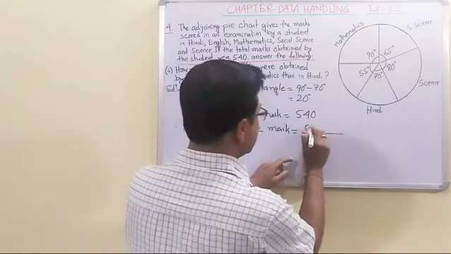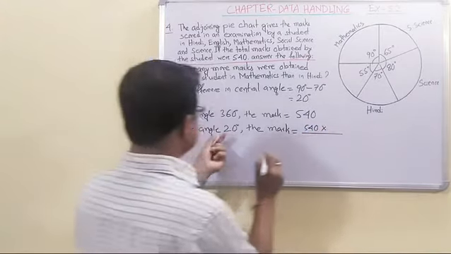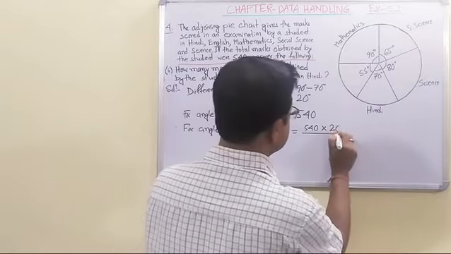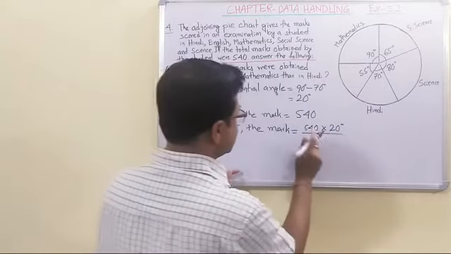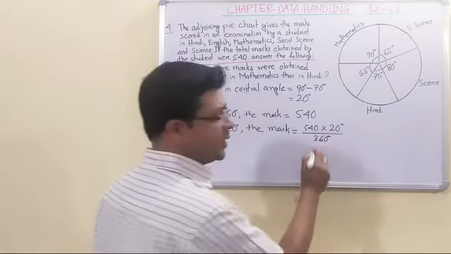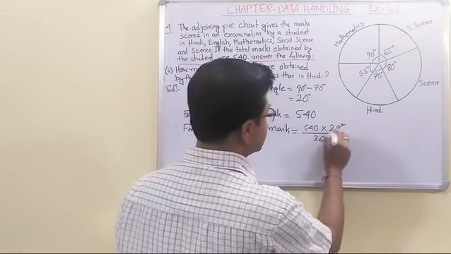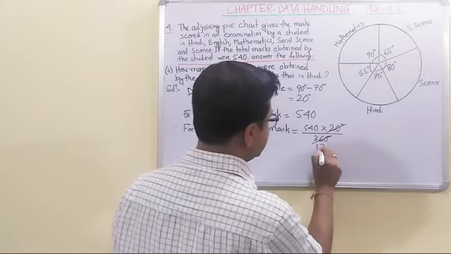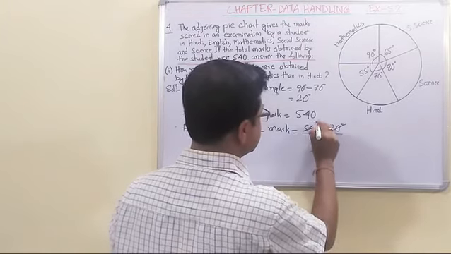This one always we write here in the numerator, into this part 20 degrees, and this 360 will come here in the denominator. We can cancel it now. This is 20, this is 18, then this is 30.